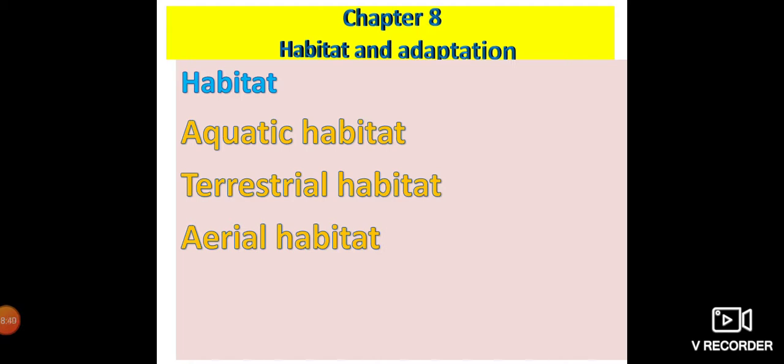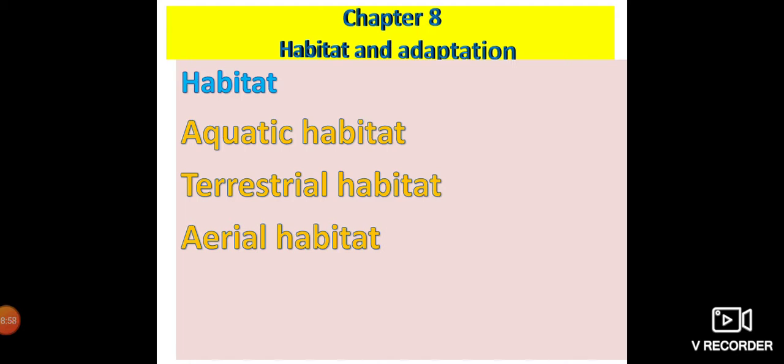So what is meant by aquatic habitat? Aquatic means water, isn't it? So it includes rivers, lakes, ponds, and seas.